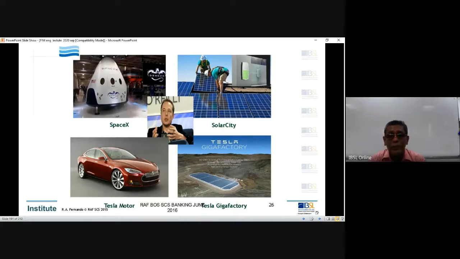Because of the trust in that person, a lot of people put in money, expecting a car at a reasonable rate. What Tesla has done is manufacture this gigafactory, and that is the number of cars he can manufacture.